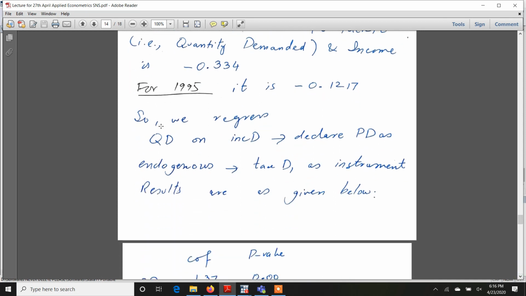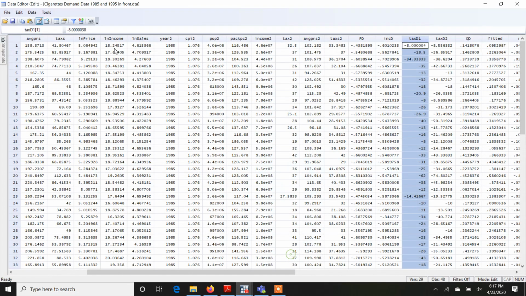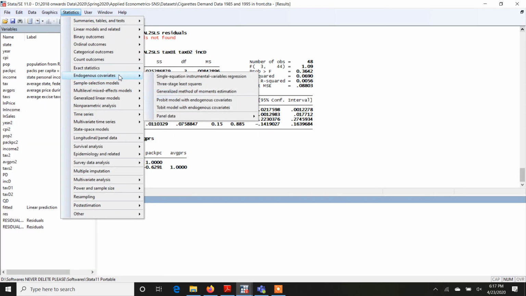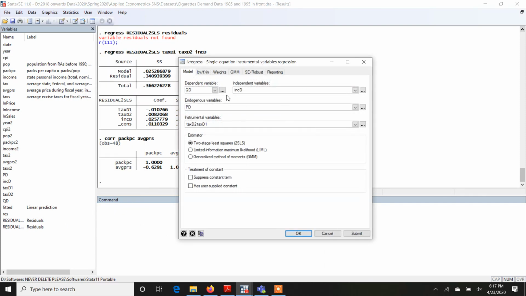So if we regress QD, the change in the quantity demanded, on income D, and we declare PD as endogenous, right, that the price variable was endogenous, and tax D1 as the instrument, let's do that here. If I go to STATA, then statistics, endogenous covariates, single equation instrumental variable regression.